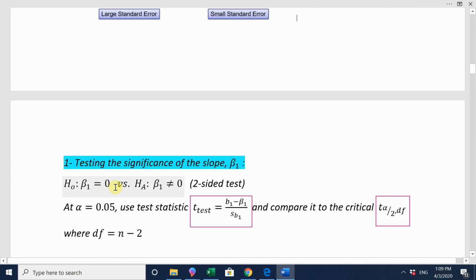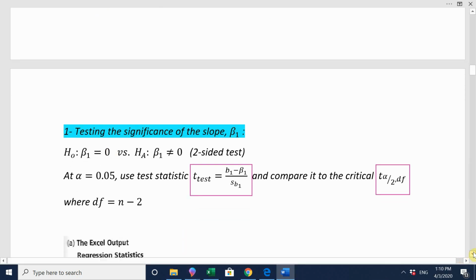But notice that when I build a 95% confidence interval around my point estimate from my sample observations, there is no 0 contained in that interval. So right away, I know with 95% confidence that my population slope will not equal 0. In other words, I have a level of significance of 5%, a 5% chance that I am committing a type 1 error.